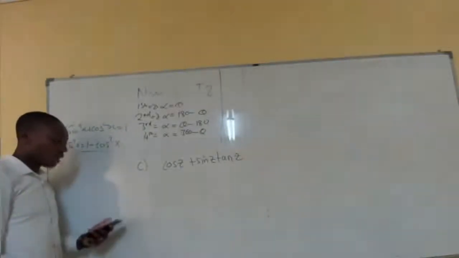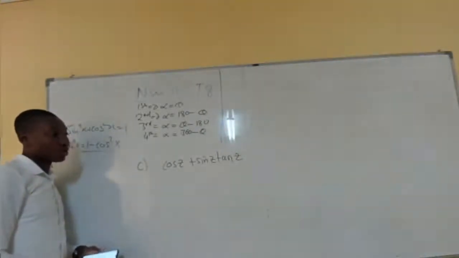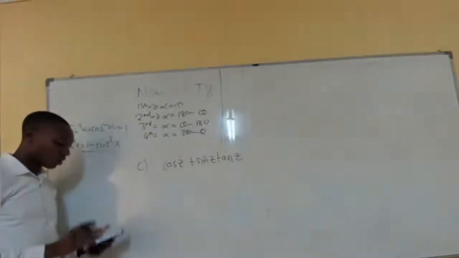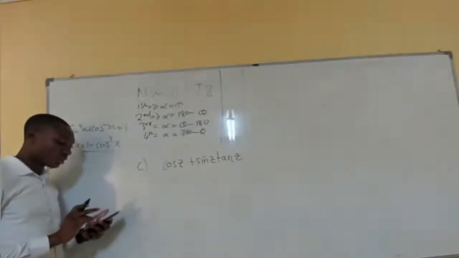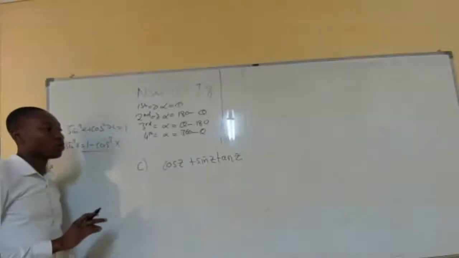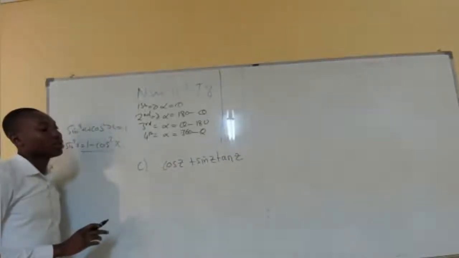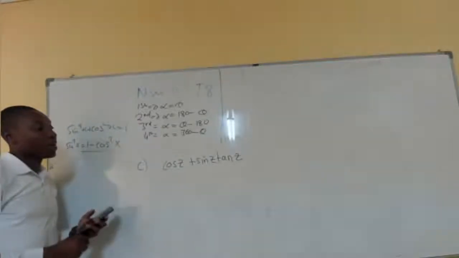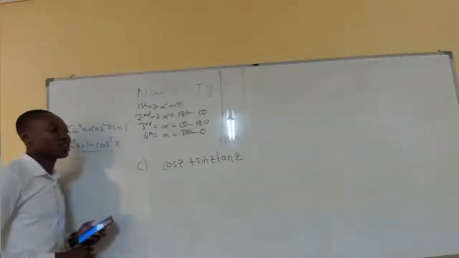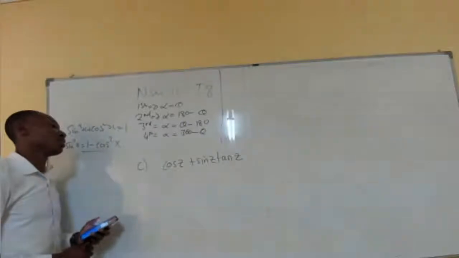Right, so how do you deal with this question? Remember, we've been taught to change this to a single trigonometric function or a constant. So it's either a single trigonometric function or a constant. Right, so cos z plus sin z tan z, what do we do?